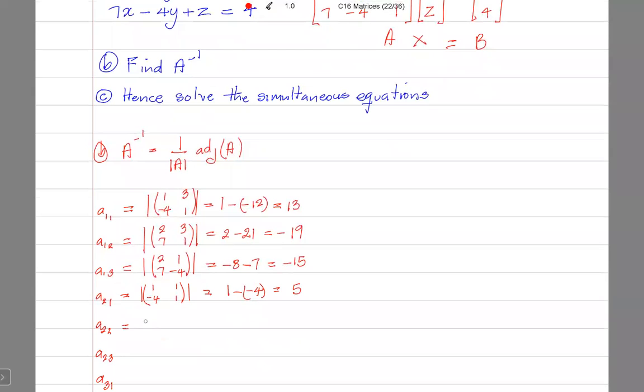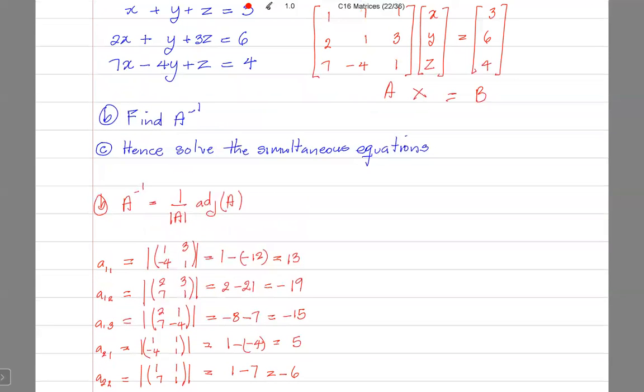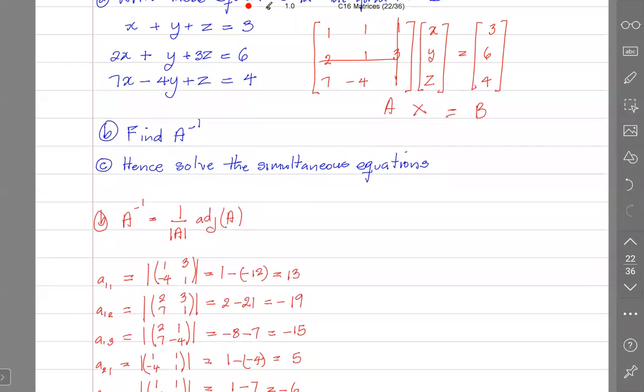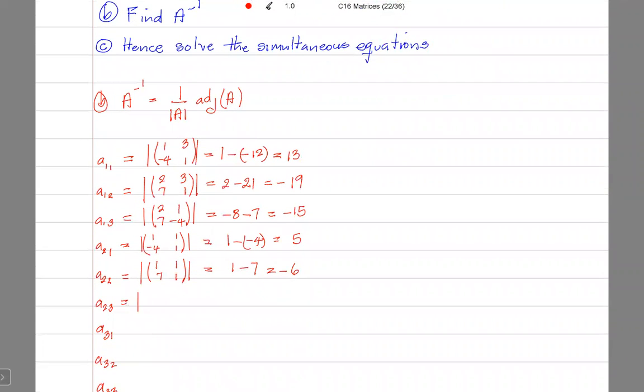That's 1 minus 7, which is minus 6. Second row, third element: if I block off the elements here, that's 1, 1, 7, minus 4. This would be minus 4 minus 7, which is minus 11.